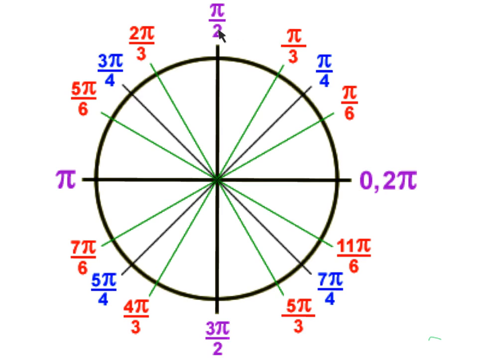Then put 3/6, which reduces to a half. 4/6, which reduces to 2/3. 5/6 doesn't reduce. 6/6, which is just 1 pi. 7/6. 8/6 reduces to 4/3. 9/6, which reduces to 3 over 2. 10/6, which reduces to 5/3. 11/6, and 12/6, which is 2 pi. So all you do is wrap around and go 1, 2, 3, 4, 5, 6, 7, 8, 9, 10, 11, 12. Done. Reduce where necessary.